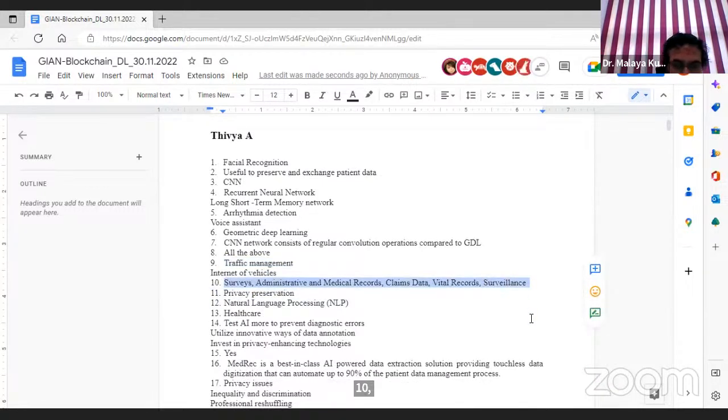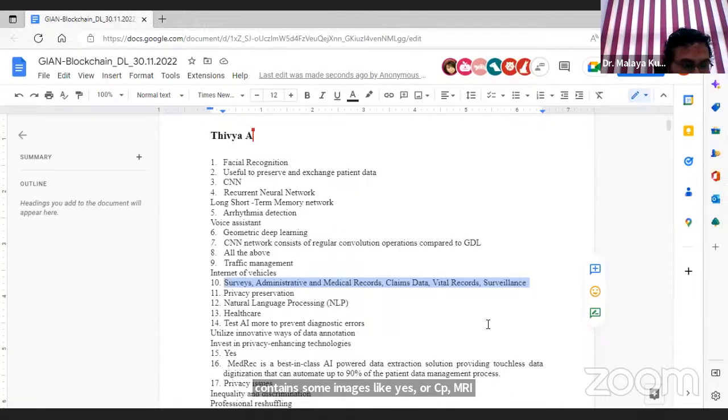What are the types of data in EHR? EHR basically stands for electronic health records. That means it contains the electronic form of health records of a patient. Today in the morning session, we discussed that in case of medical, we have different forms of data. One is image data, which contains images like X-ray, CT, MRI, ultrasound.